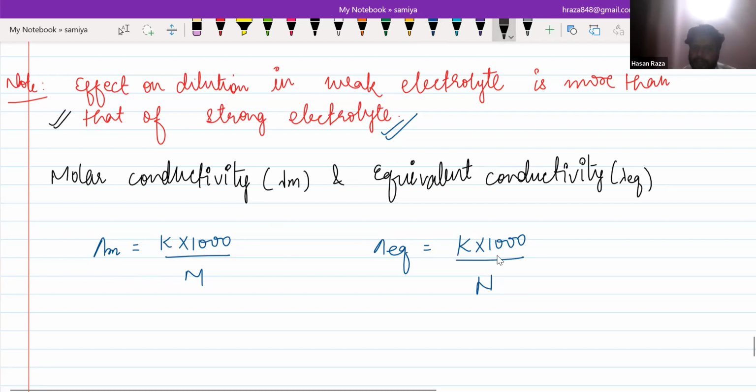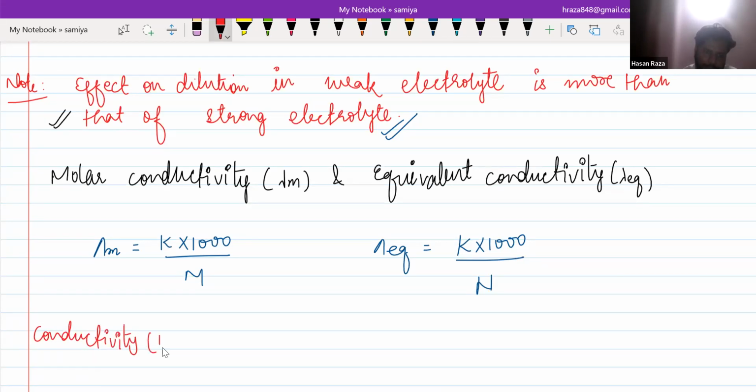So always remember, when we talk about conductivity, that means kappa, I already defined it in the previous lecture.